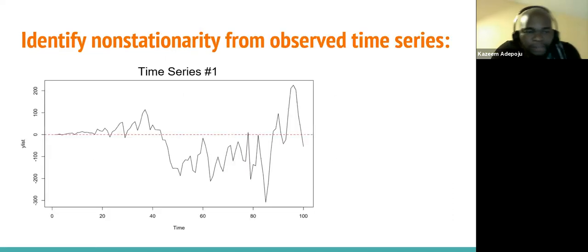If you take a look at what I have, this is a time plot. I plotted y against time, and you can see this is characterized by ups and downs. With non-stationarity, I get a different mean and a different variance.